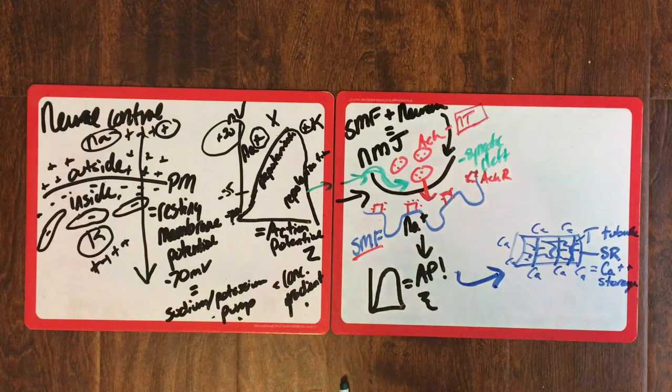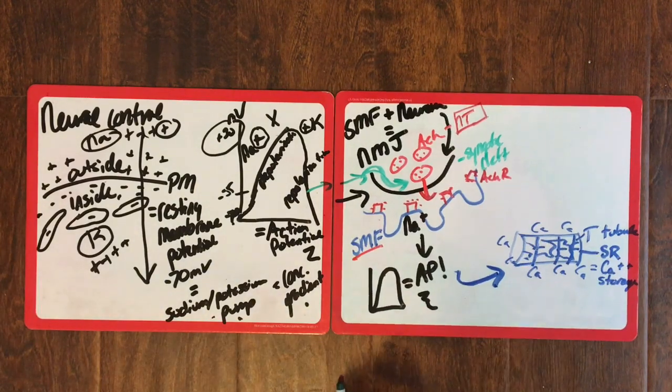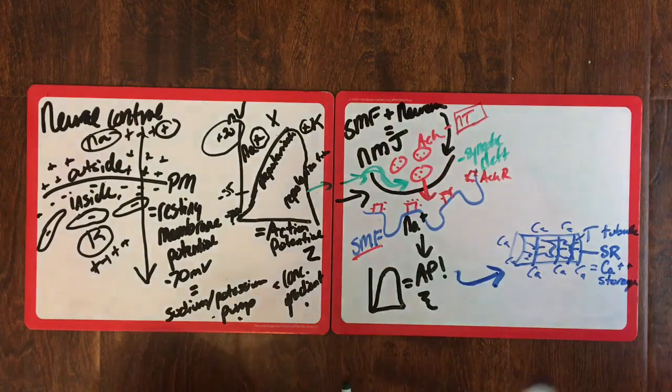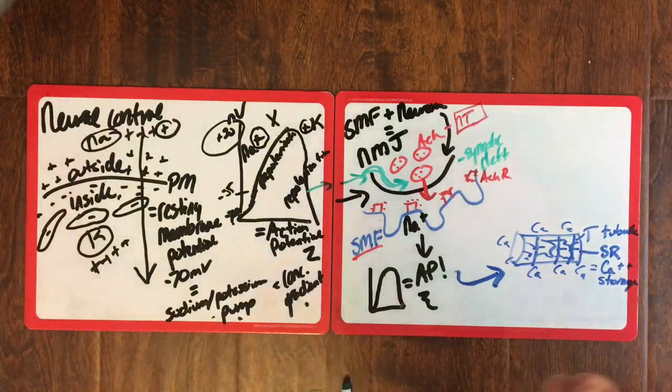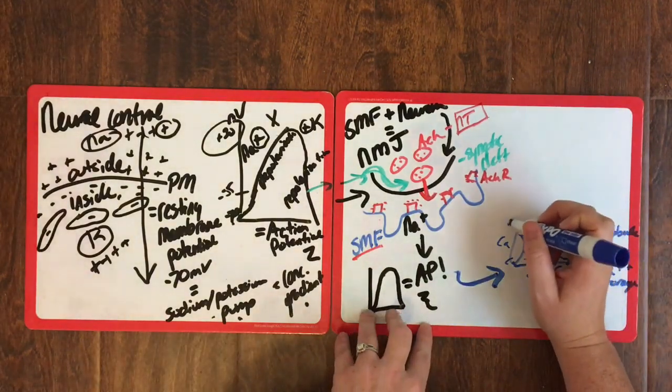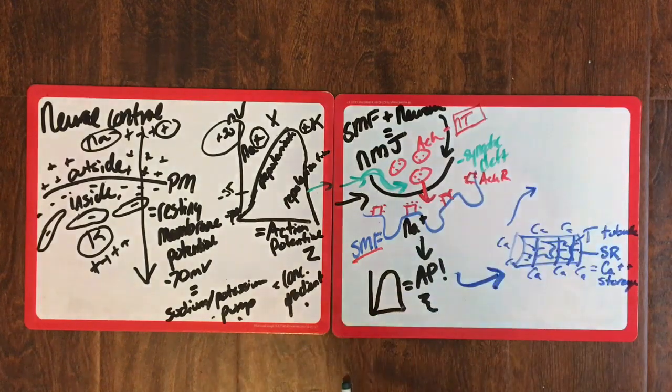Now, the very, very special thing about calcium is it has a specific attraction to the myofilaments that lie within the skeletal muscle fiber. So let's draw some of the skeletal muscle fiber components. Let's zoom up here. Let's find our red.